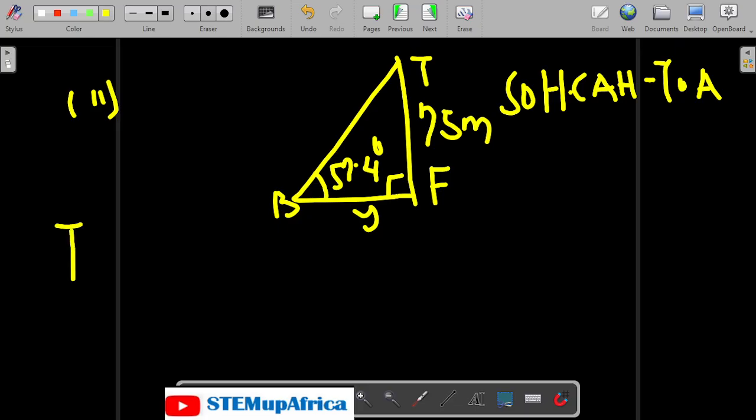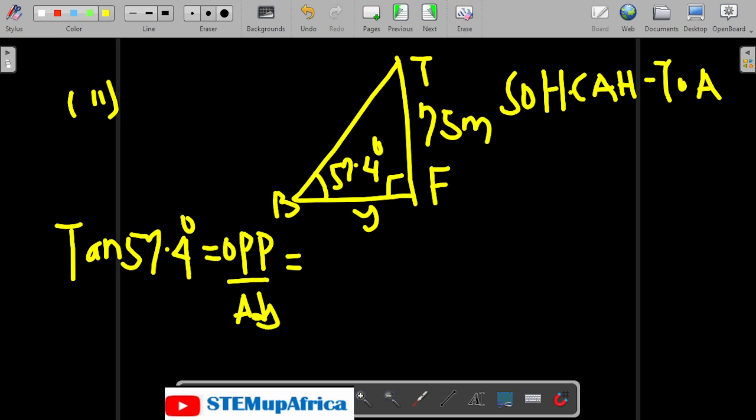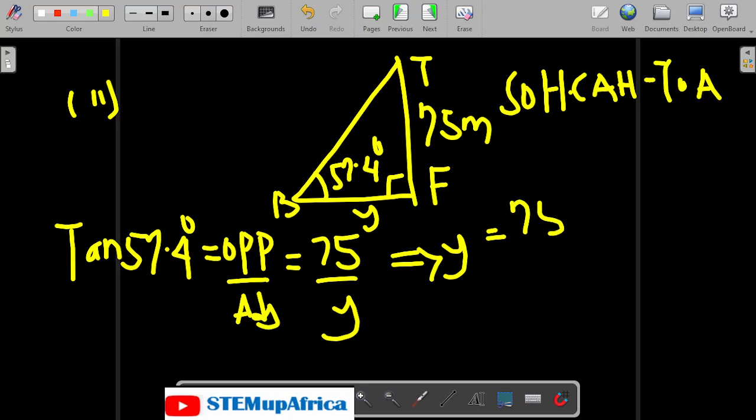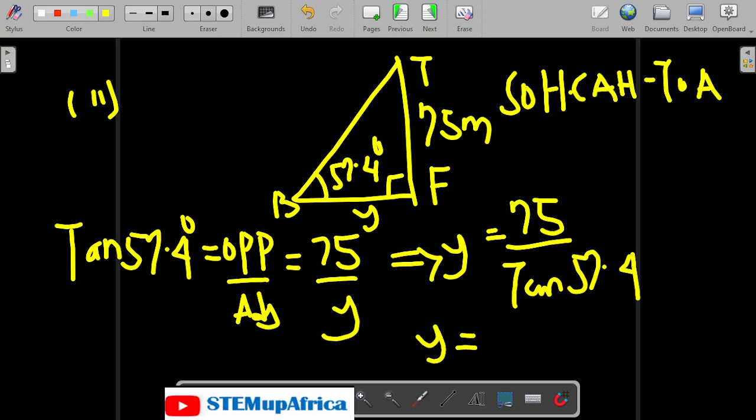So tan 57.4 degrees equals the opposite over the adjacent, which is 75 divided by Y. It implies that Y is simply 75 divided by tan 57.4.